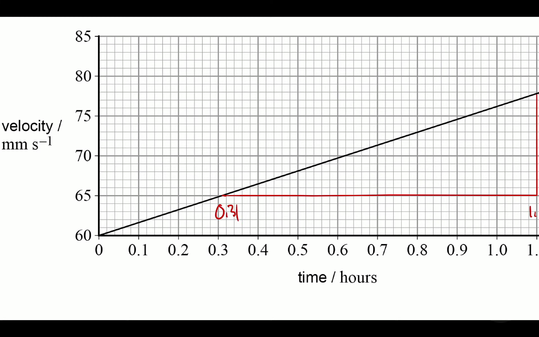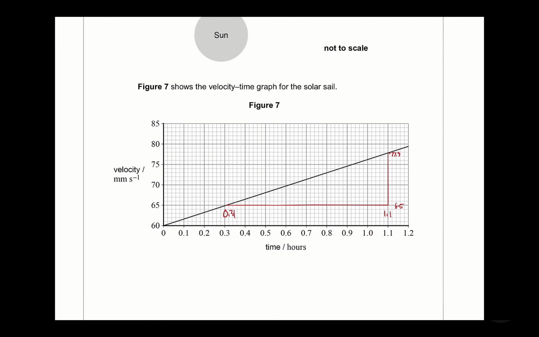Okay, accurate to within half a square. That's what they're looking for. Accurate to within half a square. I mean, if there are no data points, you could use the origin as well, but I'm doing it as though there were data points. So the only thing is we have hours here, and we're going to need seconds, so I'm going to convert that to seconds right away.